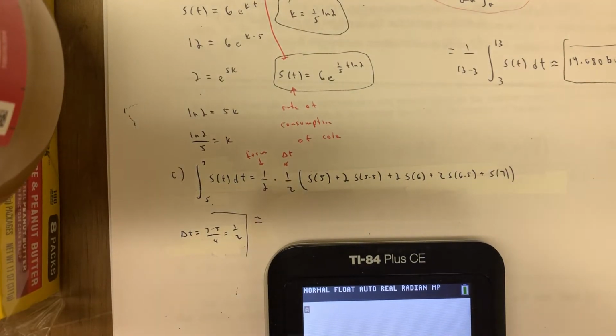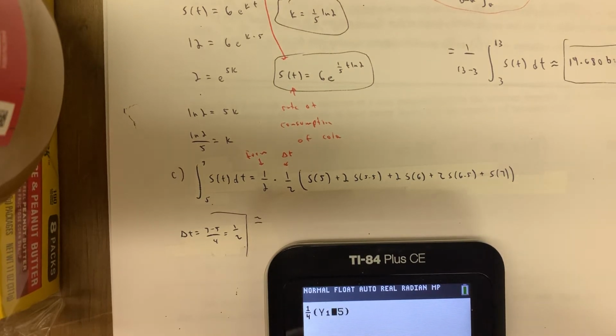This one's kind of annoying because you just have to put it in the calculator. Usually that doesn't happen. There's a table where you can take the values and plug them in here and then calculate. A lot of times you don't have a calculator. On your AP, I feel like you'll have to, but we'll see what happens. Look, it is annoying here. I have this thing in y1, remember?